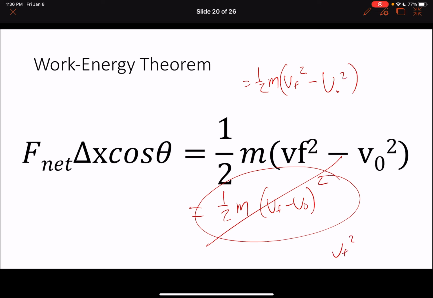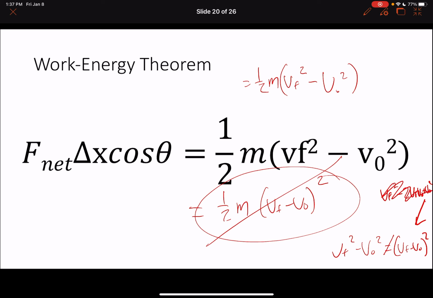V final squared minus v initial squared is not equal to (vf minus v naught) all squared. Those two things are not the same thing. If you do this, you would need to FOIL it, and so you would get vf squared minus 2 vf v naught plus v naught squared. So hopefully you can see how those are not the same thing at all.